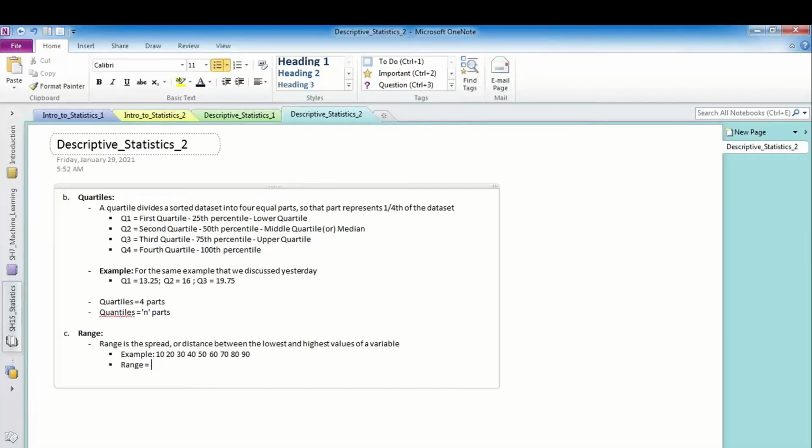If I have to write it in a simple formula, it is the max value minus the minimum value, the highest minus the lowest value. Here the value would be 9. Clear, guys? Pretty simple concept.